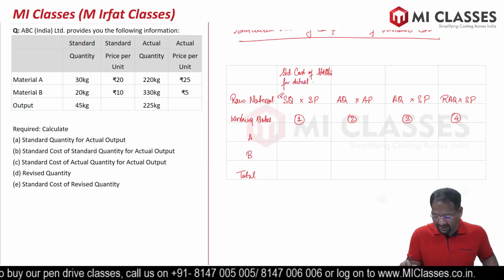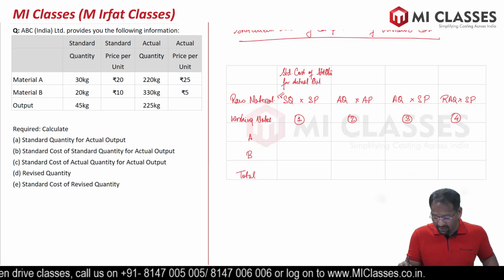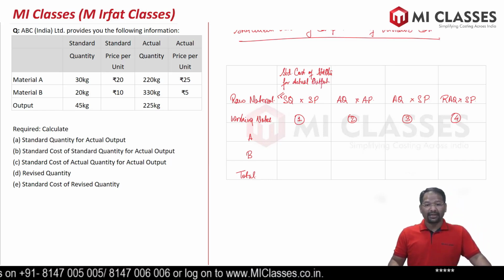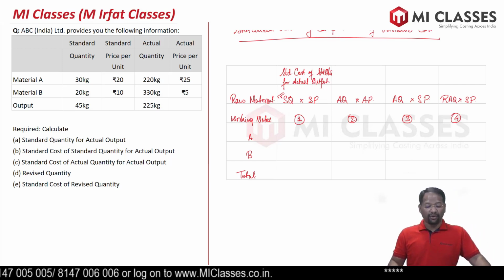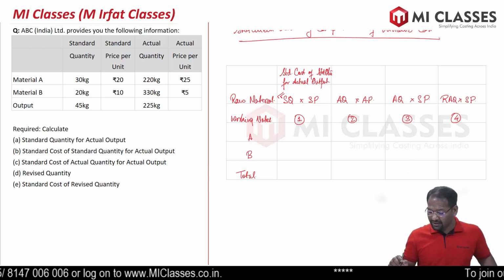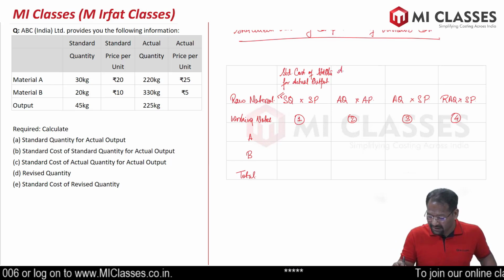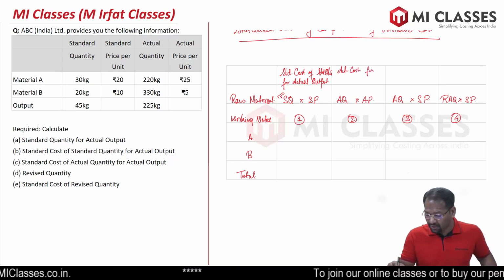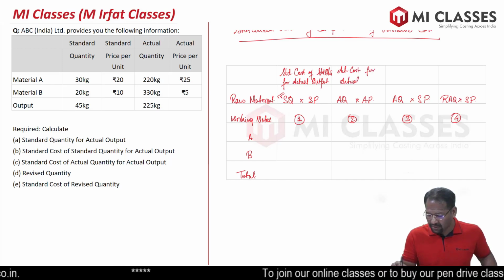Sounds complicated? Yes, it is a little complicated. Simple word is standard quantity into standard price, which we also call standard cost. Similarly, actual quantity into actual price, we call it actual cost or actual cost for actual output. But this is not asked in the question.